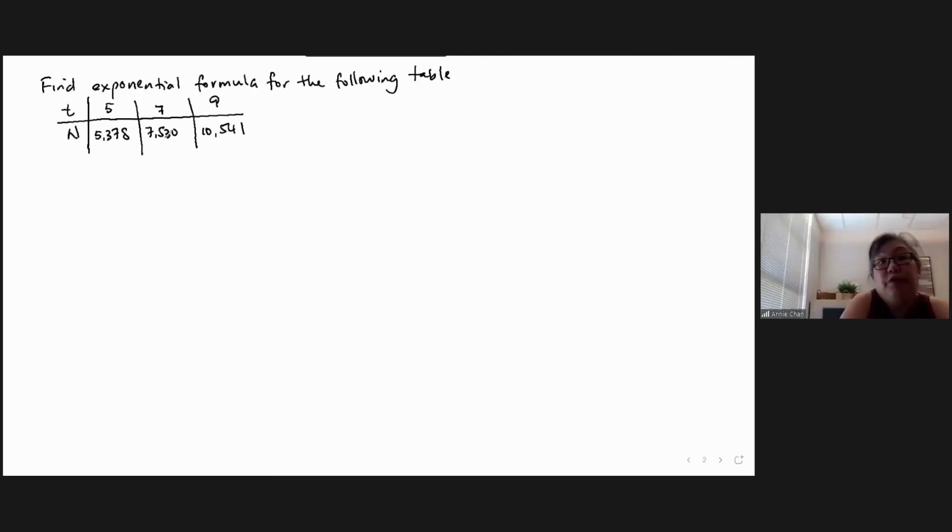Yeah, you have 3 points. Choose whichever 2 points. Exponential formula means I want ab to the x, right? So the first step you need to do is choose 2 points.